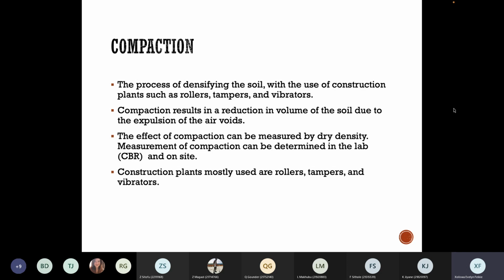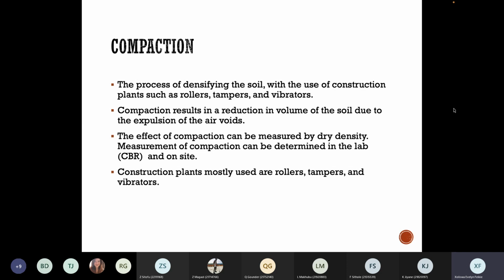And then we said, if you are compacting, the main point is to make sure that we densify the soil. What do we do? We remove the air voids. What does that do in terms of volume? It decreases the volume of the soil and the soil will be more dense. So they say that compaction results in a reduction in volume. A soil in its natural state is loose.